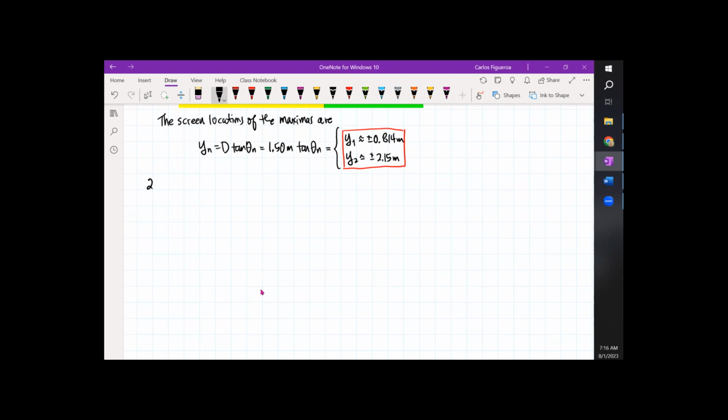This is going to be 2. So assume now that we have a given screen location, which is 1.48 meters.